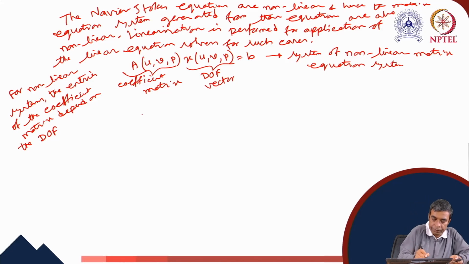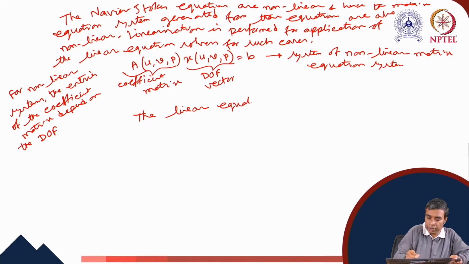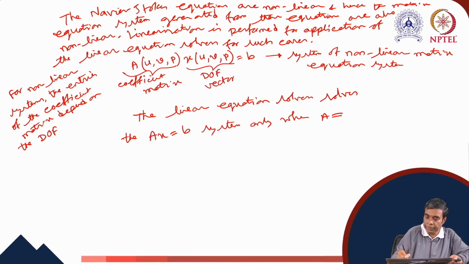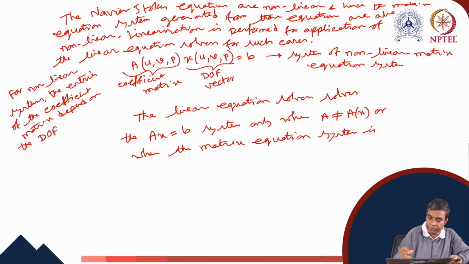So the linear equation solvers solve the Ax equals b system only when A is not a function of x, or when the matrix equation system is linear.